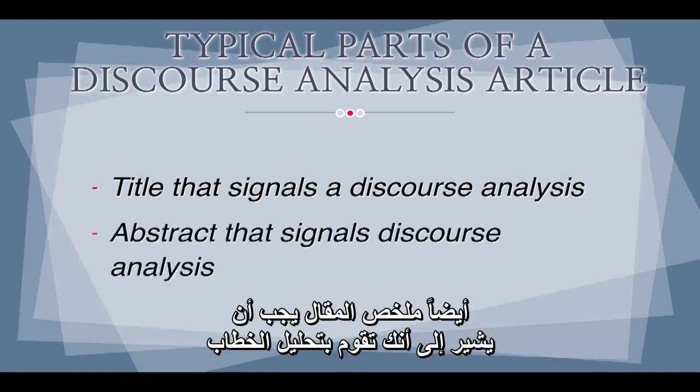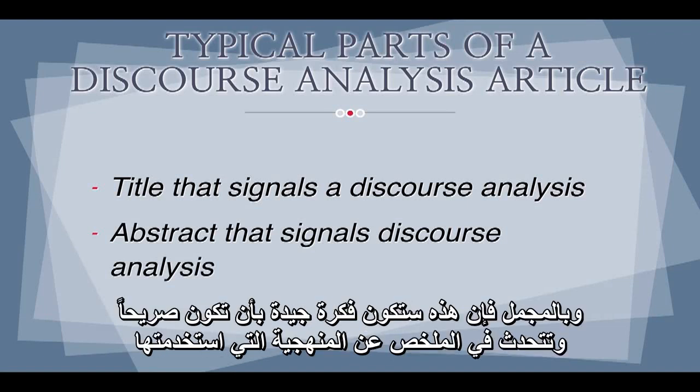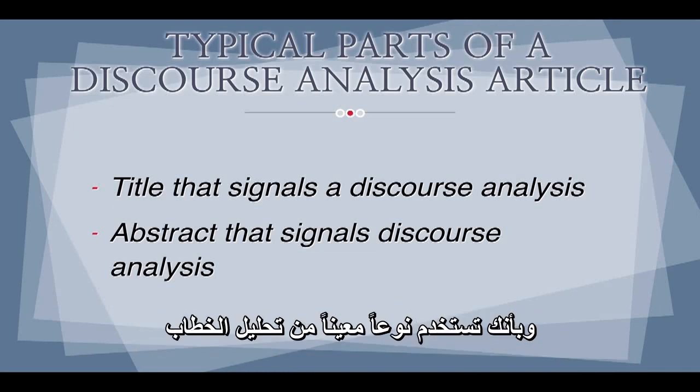Also, your abstract for an article should signal that you're doing discourse analysis. Generally speaking, this would be a good idea to have explicitly in the abstract, where you talk about whatever the methodology is going to be. You would have somewhere in there that you're using a particular style of discourse analysis.